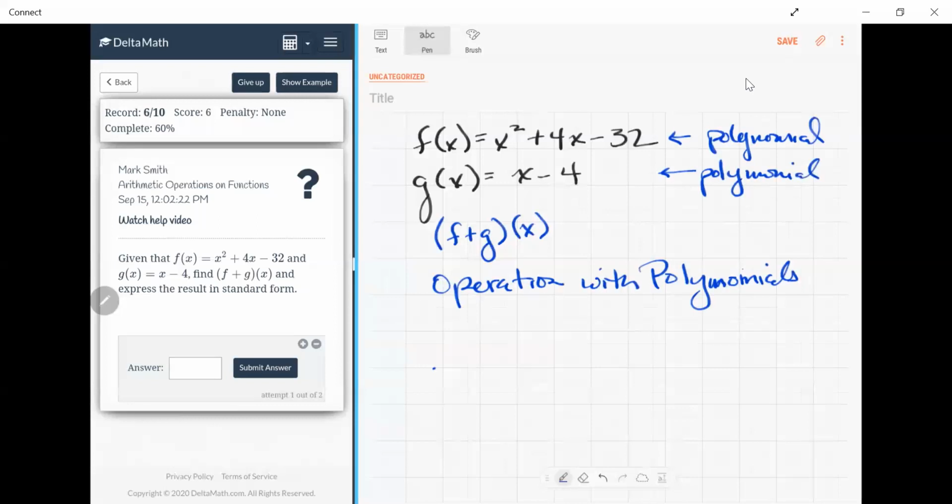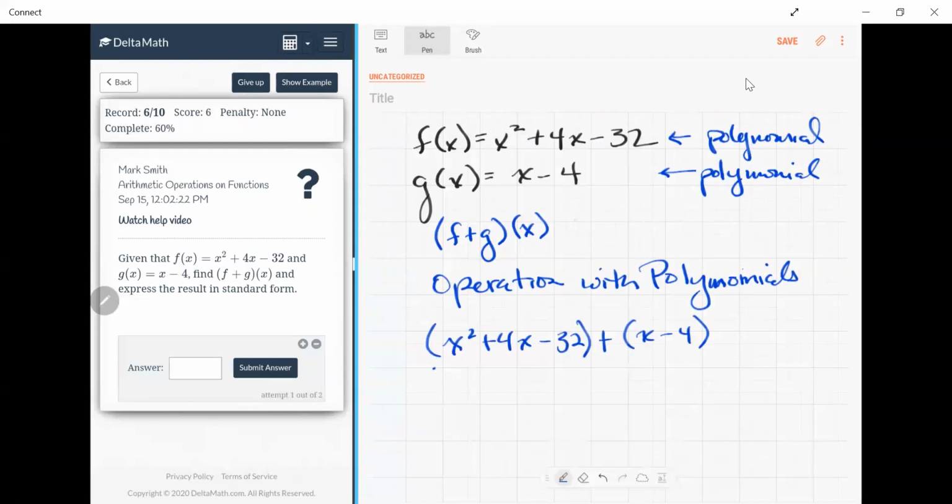It just wasn't written the same way. So the way you saw this written was x squared plus 4x minus 32 plus x minus 4, all right? And you definitely know how to do that, either doing it directly or using your MathWay calculator.